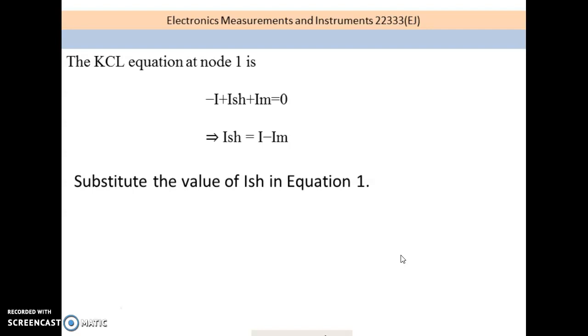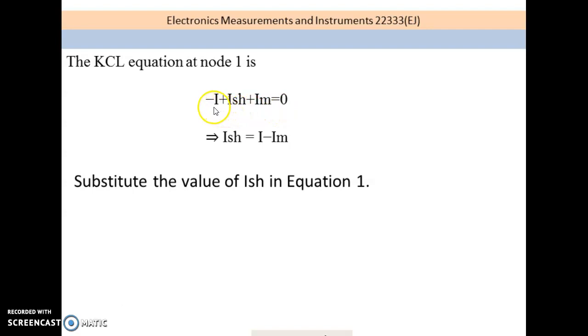Now we apply the KCL equation at node 1. Previously, I have shown you node 1. From this, we can write minus I plus ISH plus IM equals 0. This is called Kirchhoff's current law equation.